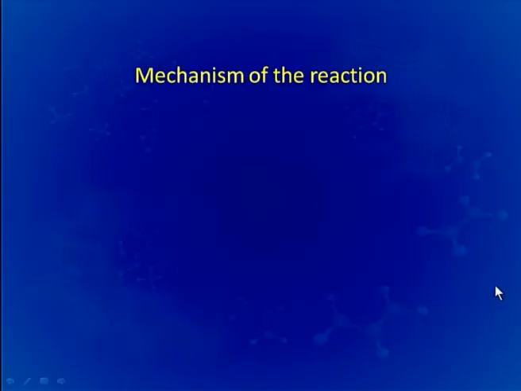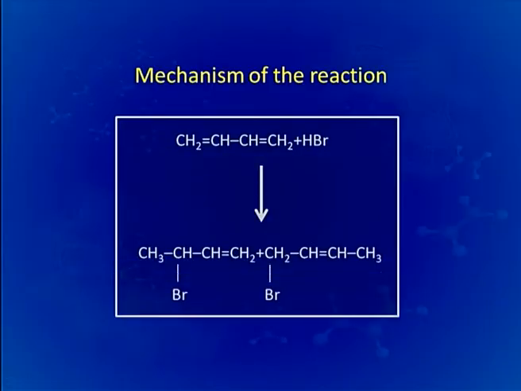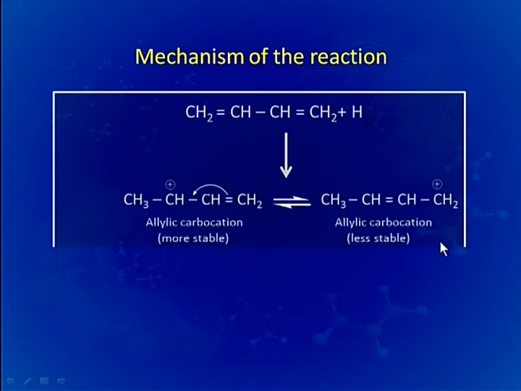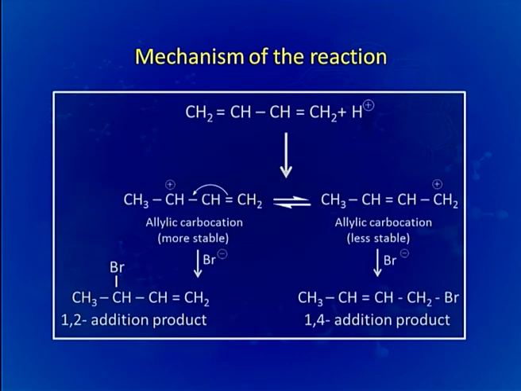To understand formation of thermodynamic and kinetic product, we will have to understand mechanism of the reaction in much more detail. Here we can see formation of two type of product, 1,2 and 1,4. First of all, HBr is undergoing heterolytic fission and we are getting H plus electrophile. This being positively charged will attack on electron rich double bond.